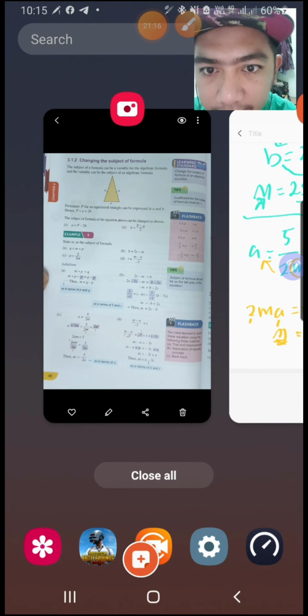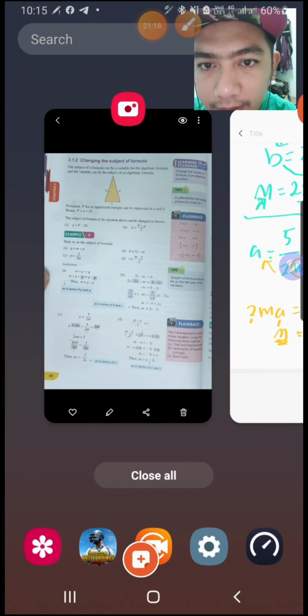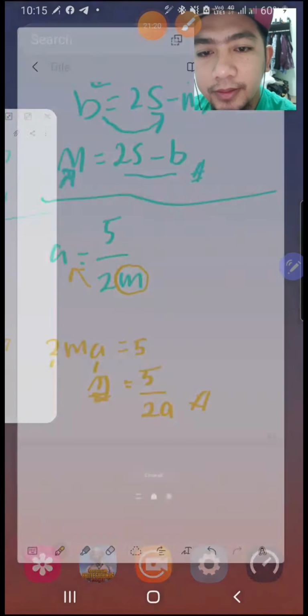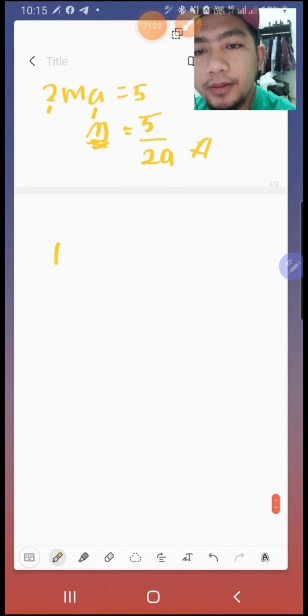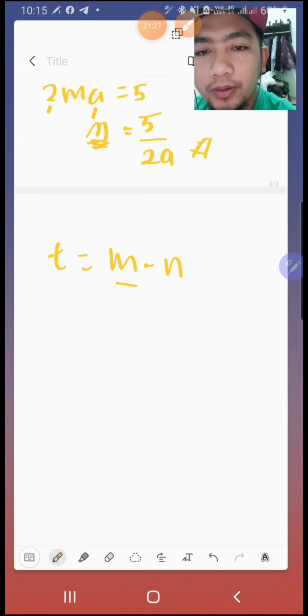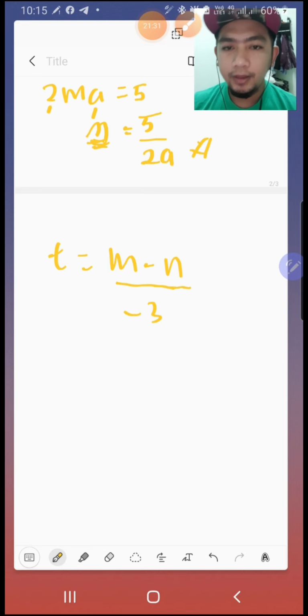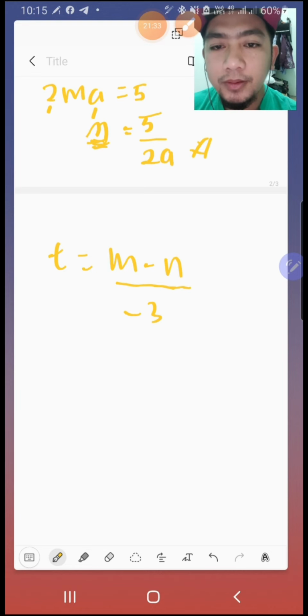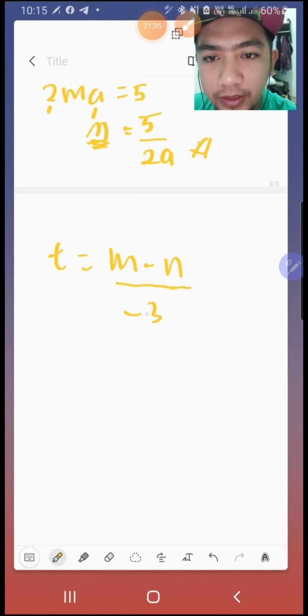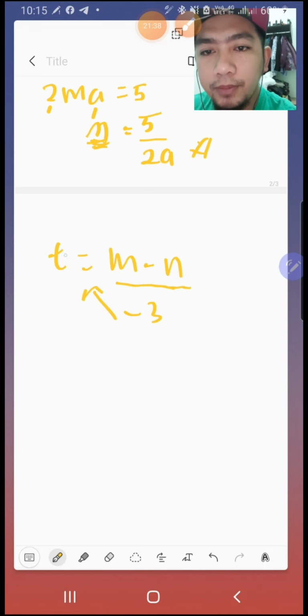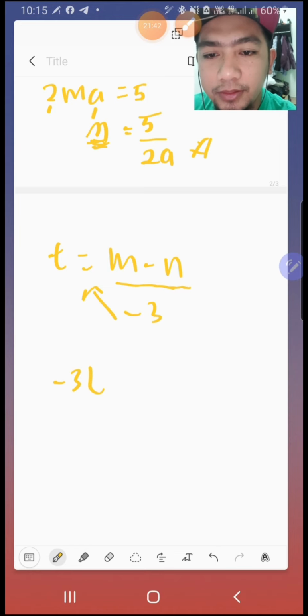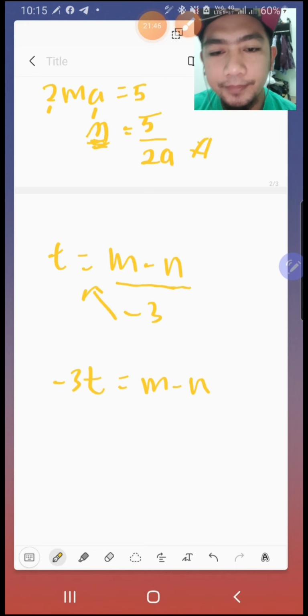The last example is t equal to m minus n over negative 3. Alright, so as usual, negative 3 multiplied with t, negative 3t, equals m minus n.